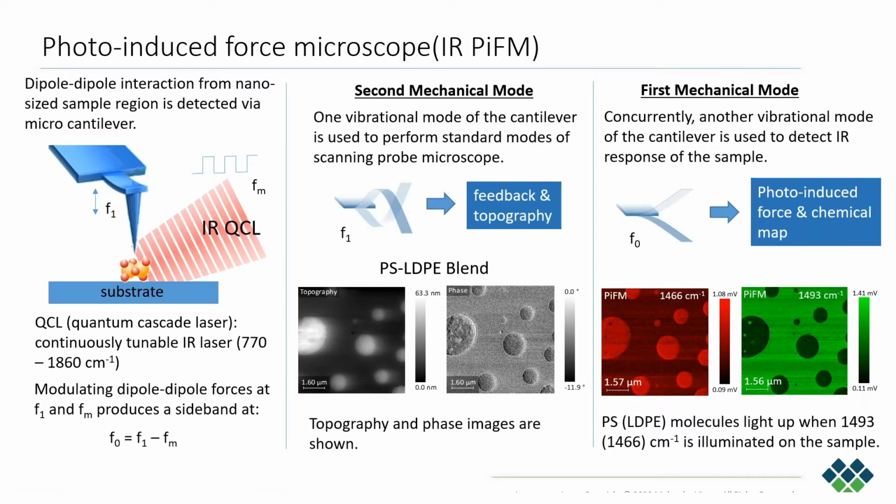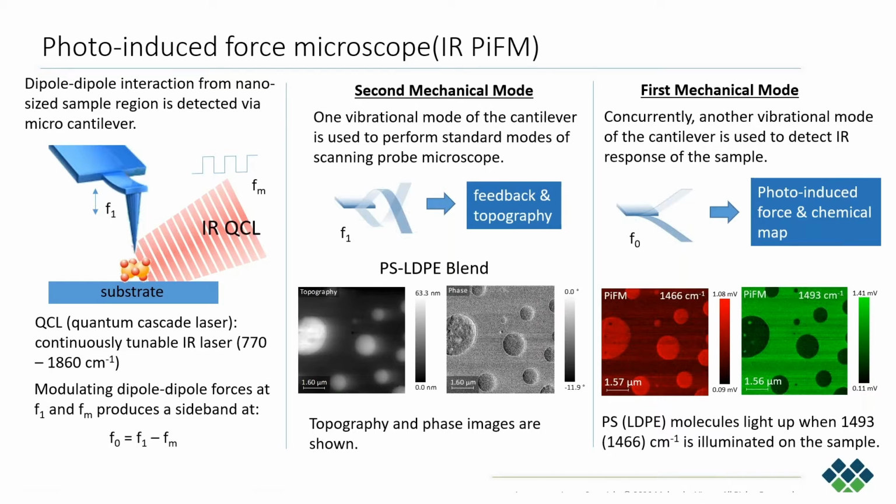So what we do here is we use two mechanical resonances of the AFM cantilever as two independent force sensors. Instead of using the F0 shown on the far right, we use the stiffer resonance mode, F1, to do the AFM feedback control.